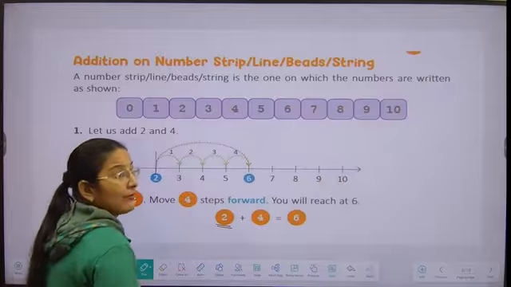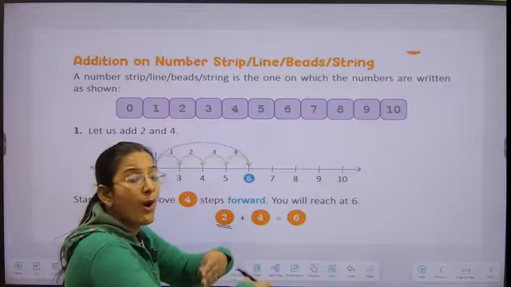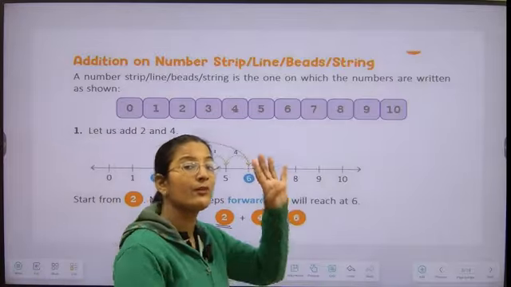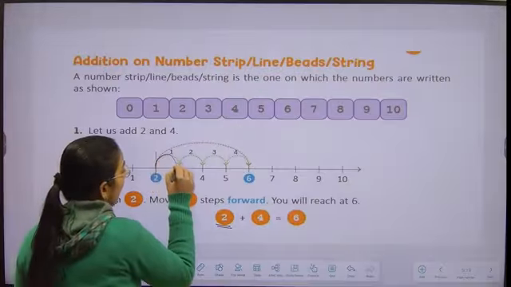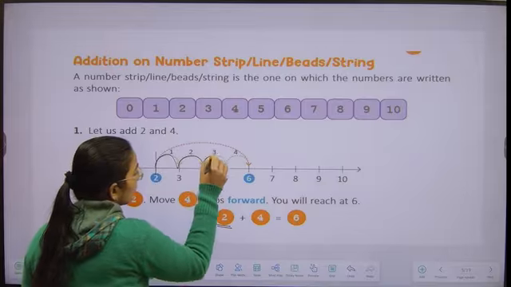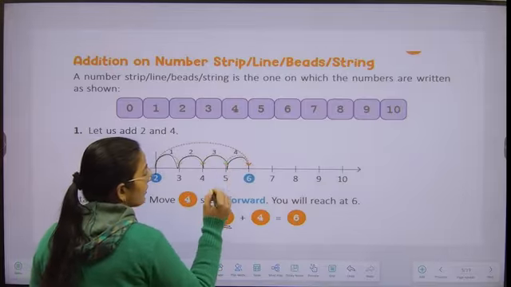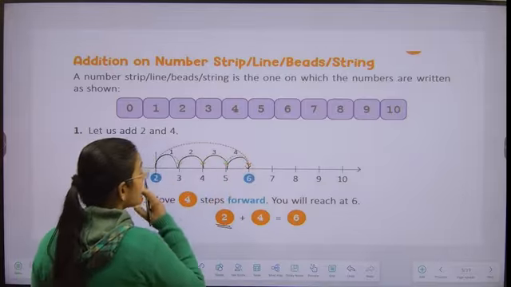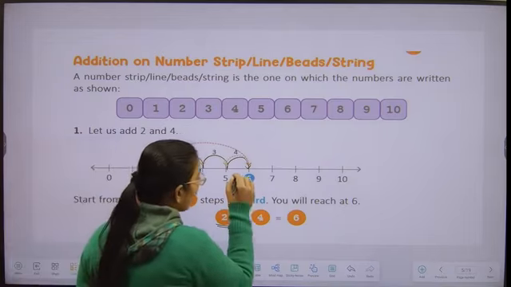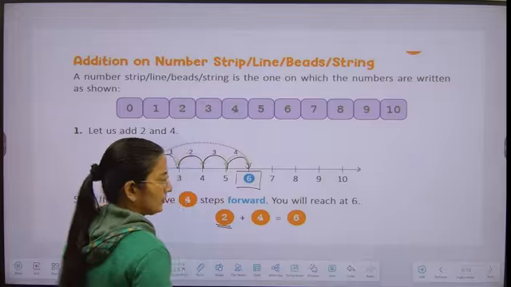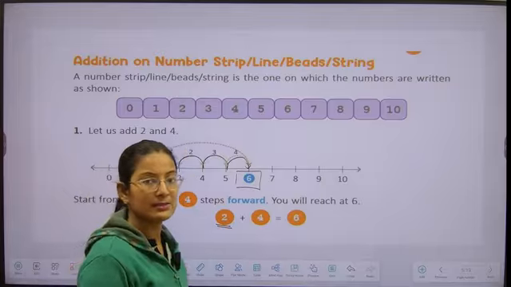And after that, we move forward 4 steps. Doing it with me, students? 1, 2, 3, 4. So after moving 4 steps from 2, I am getting a 6 over here. So my answer is 6.